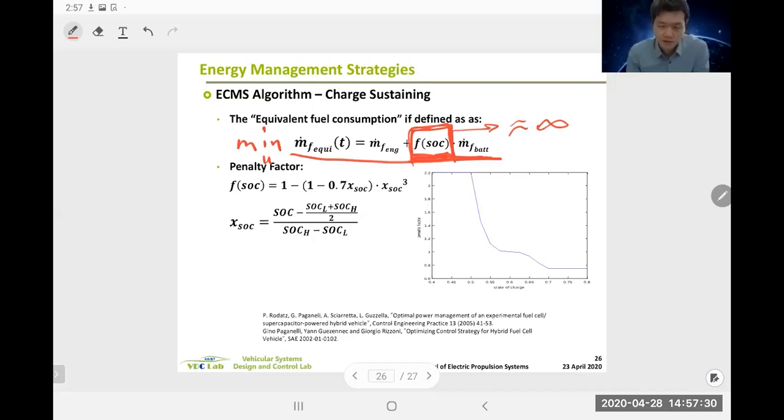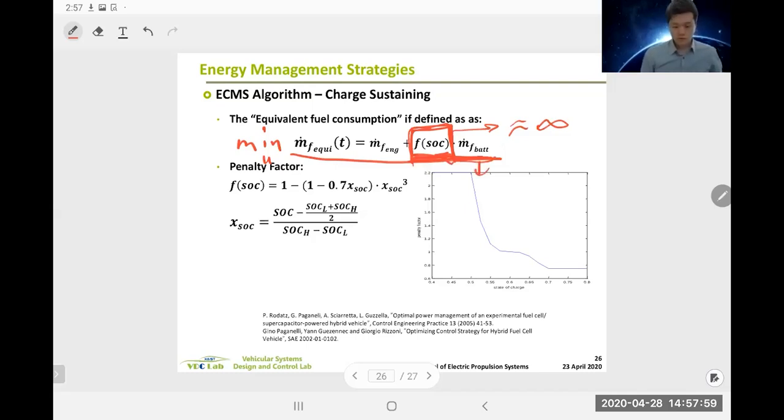And in fact, if this coefficient is large, then you might want to even charge your battery, because if you charge, then this term will be lower.